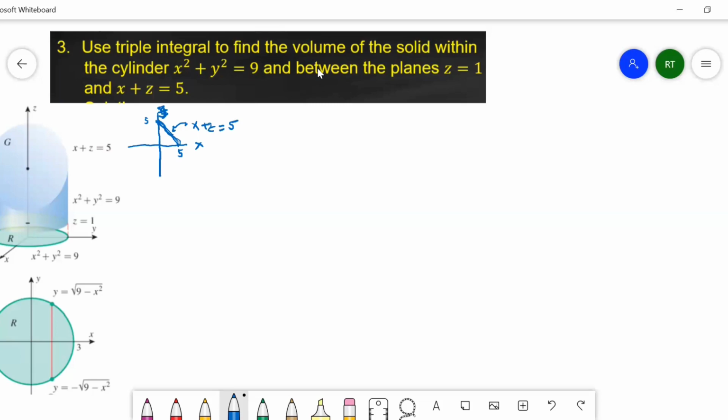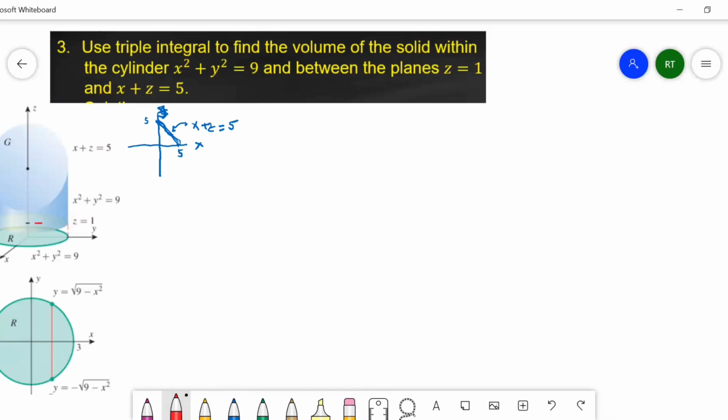And of course, if we will find the volume of the solid, then we have to draw the element here. This is the base. And we will simply draw a rectangular box here, which will serve as the element.